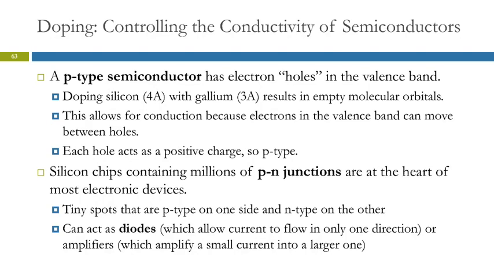And then that opens up a hole behind them, and the previous electron can move in. And so that allows for conduction because the electrons can move between the holes, or you can think of the hole as being a positive charge. It's the absence of the electron. And so these are called P-type semiconductors because the hole acts as a positive charge that can move.